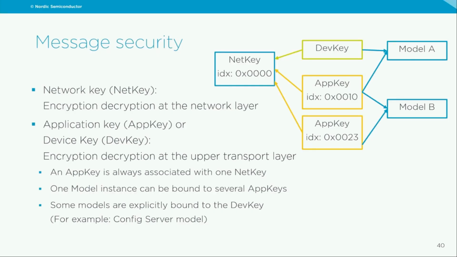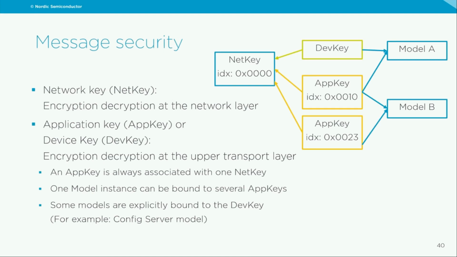Mesh network uses two levels of encryption, one at the network layer using the network key and another using the app key or the device key. An app key is always associated with one net key, and one model instance can be bound to several app keys, and some models are explicitly bound to the device key. This device key is generated at the time of provisioning by the provisioner and by the device, and it is unique for every device.